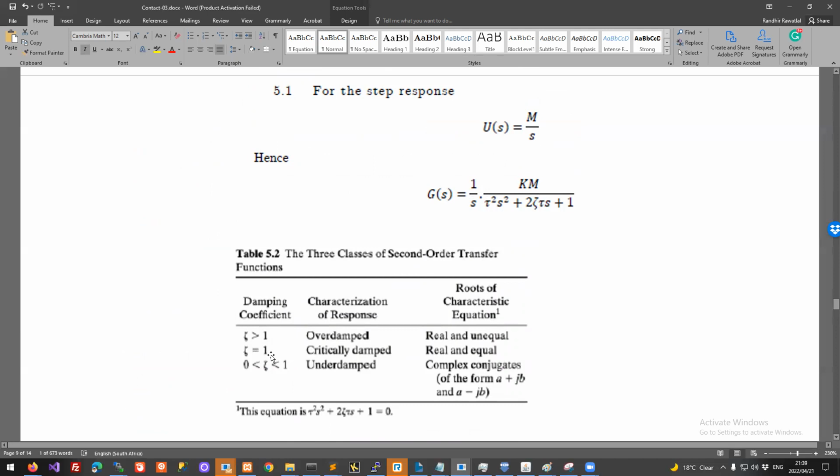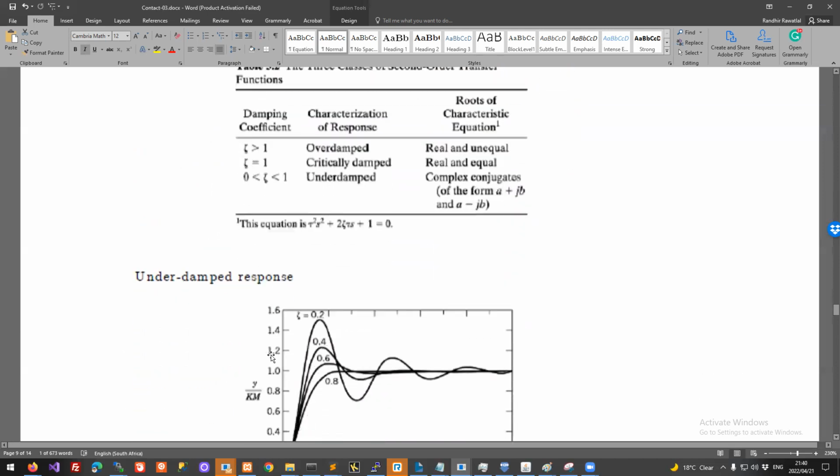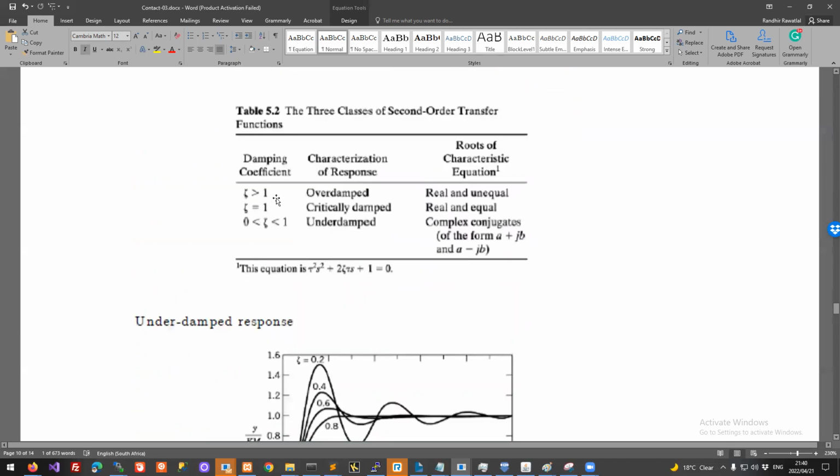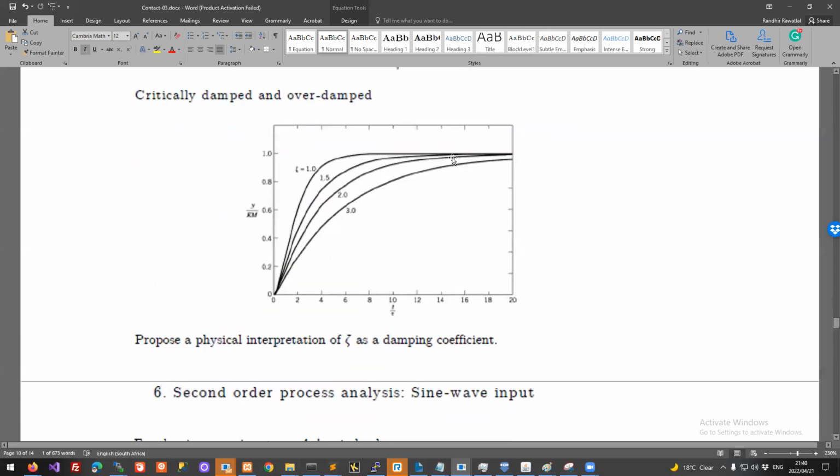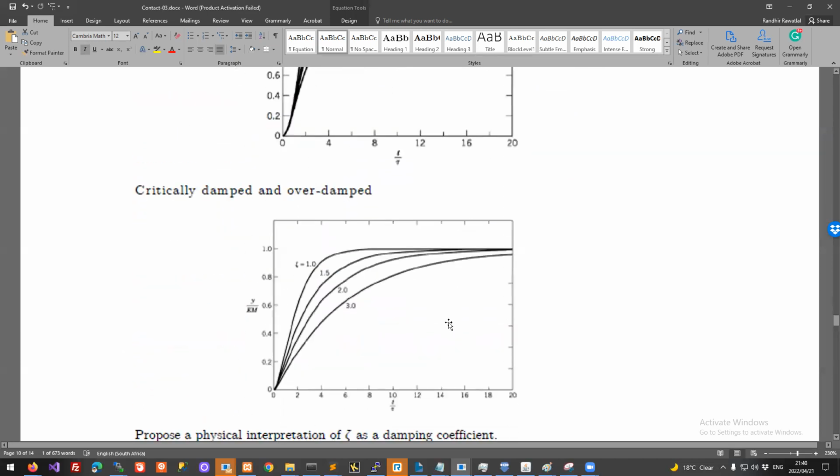If we are just above zeta equals 1, we don't see any of that bouncing around. When zeta is greater than or equal to 1, then we get an exponential type behavior. Remember, the first order processes had an exponential settling down into a new steady state. And it's not exactly a pure exponential.